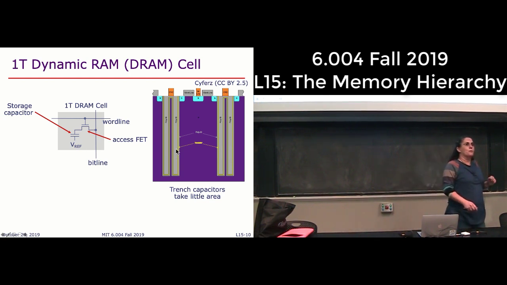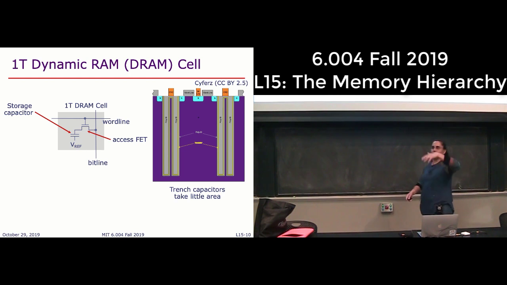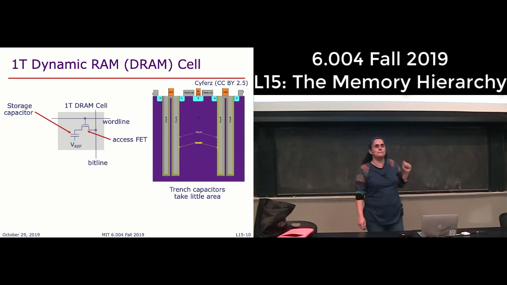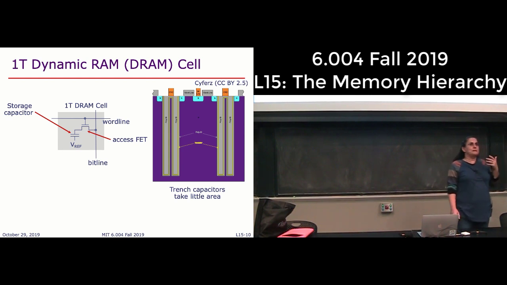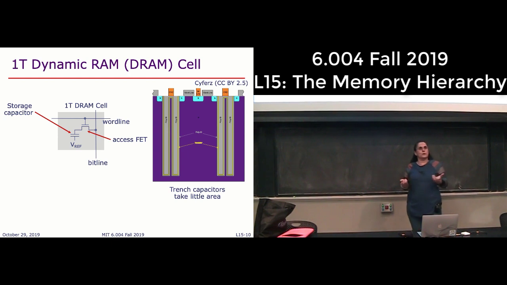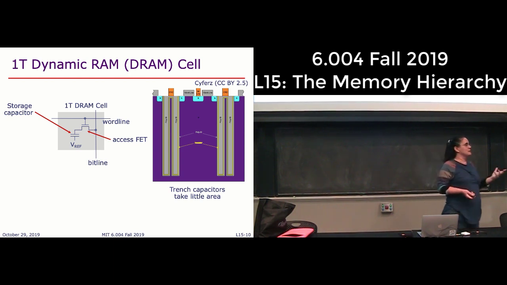So why do we make the capacitor be this very big deep line? The reason is that the larger our capacitance is, the better we're able to store charge. And how do we make capacitance larger? Well, capacitance is proportional to the area of the capacitor plates.